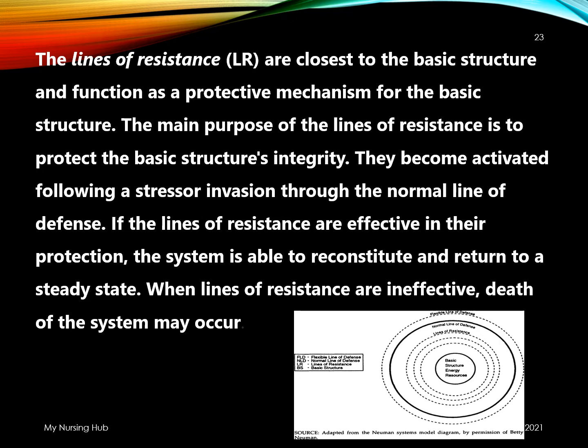If the lines of resistance are effective in their protection, the system is able to reconstitute and return to a steady state. When lines of resistance are ineffective, what happens? It can cause death of the system. Hope it is clear for you.